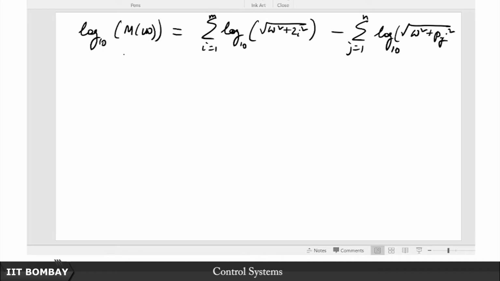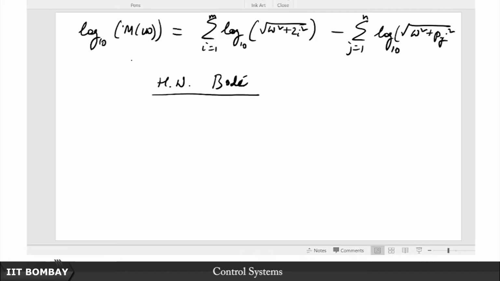Of course, you might say not M(omega) really, but the log of M(omega), and that is precisely the reason that gives rise to this plot called the Bode plot, named after H.W. Bode, the scientist who proposed it.